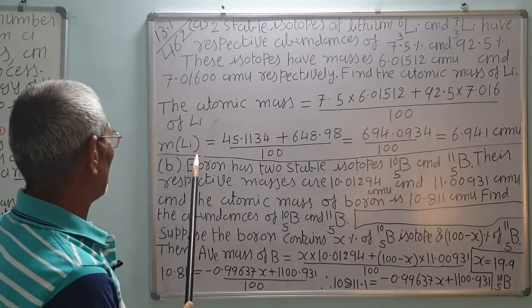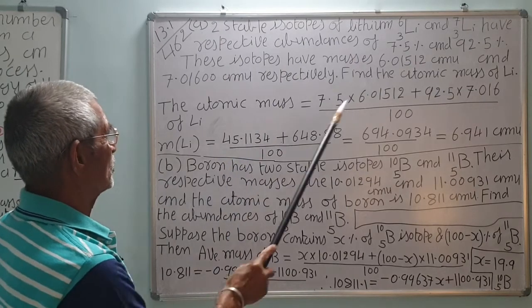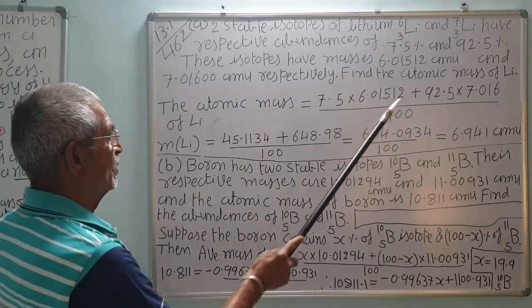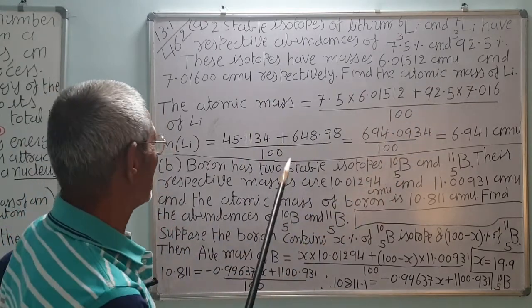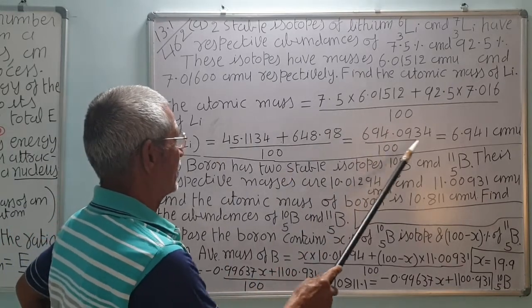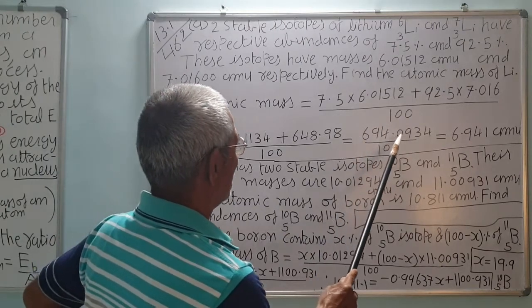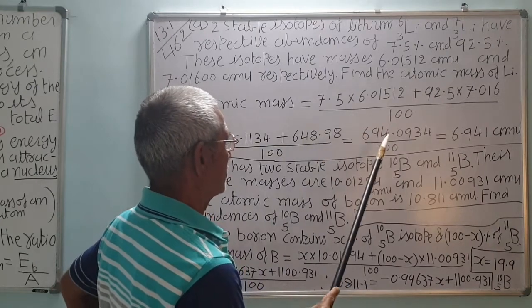So mass of lithium is equal to 45.1134 plus 648.98, divided by 100. That is, make the sum of these and divide again by 100. The total is 694.0934, divided by 100.